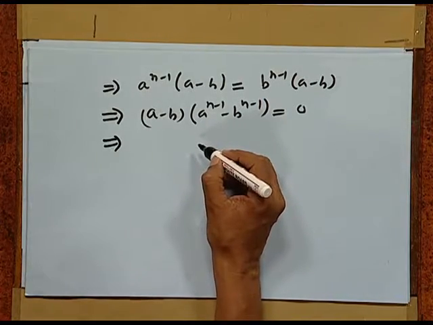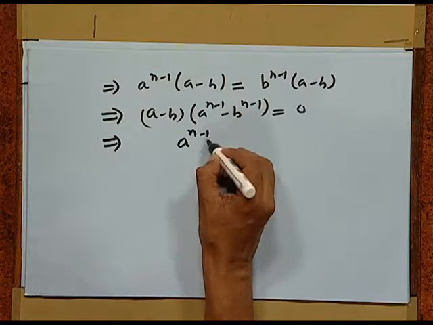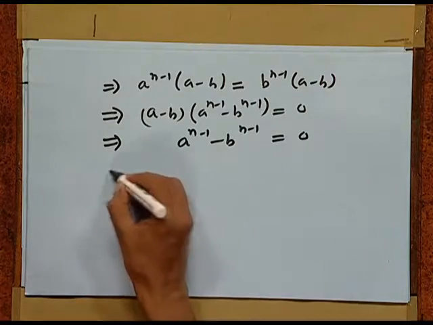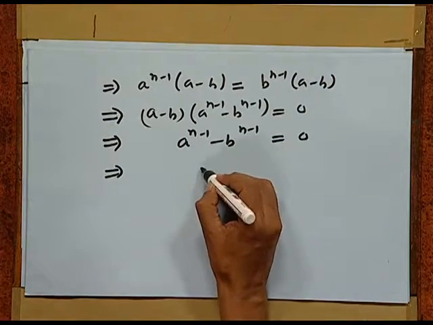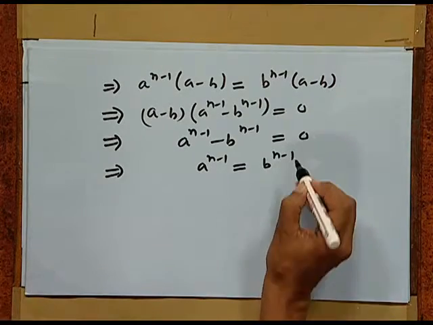We can safely assume A is not B because A and B are distinct. This implies we can cancel A minus B both sides, so we get A^(n minus 1) minus B^(n minus 1) equal to 0. That makes A^(n minus 1) equal to B^(n minus 1).